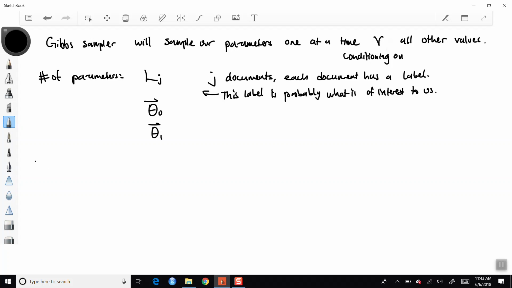And so we're going to try to sample the label, okay, so we want the label LJ. When we sample this, there's only two possible labels, 0 or 1, so we're sampling basically from a Bernoulli distribution.